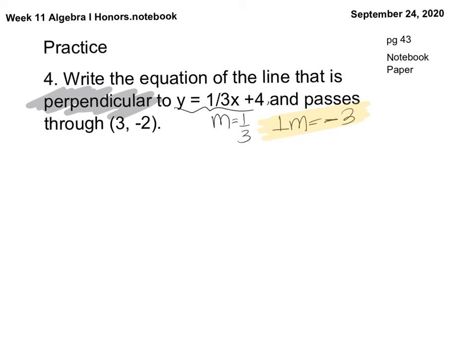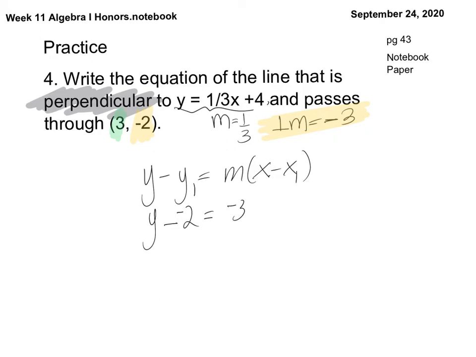So here's my slope I'm going to use. I'm going to use this x, and I apologize for not being consistent using the same colors again. It's okay. So y minus y1 equals m times the quantity x minus x1. y minus negative 2 equals, the slope is negative 3 times x minus 3.